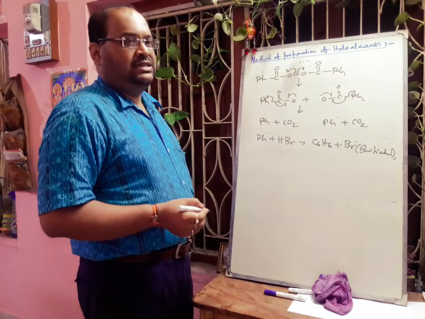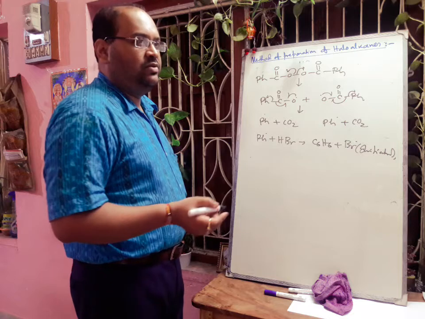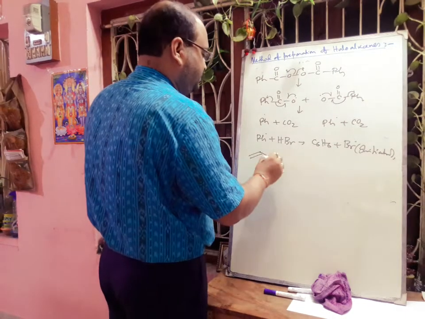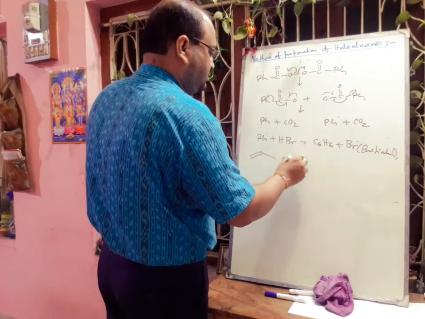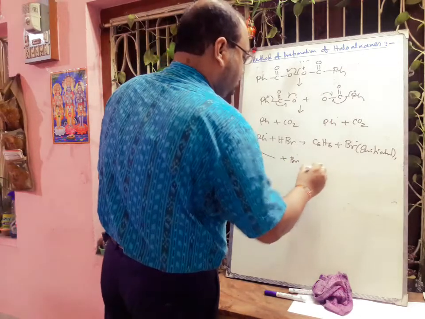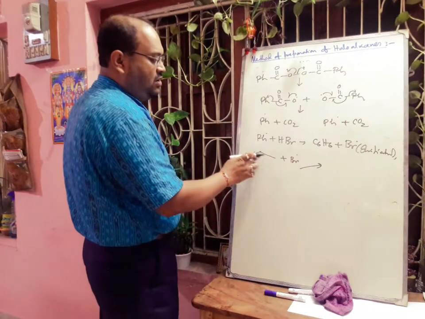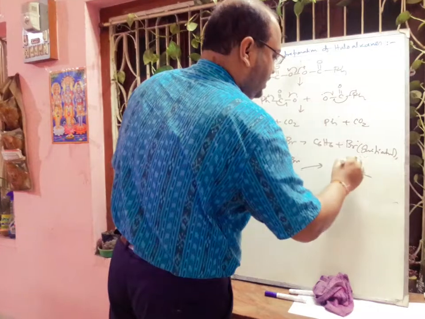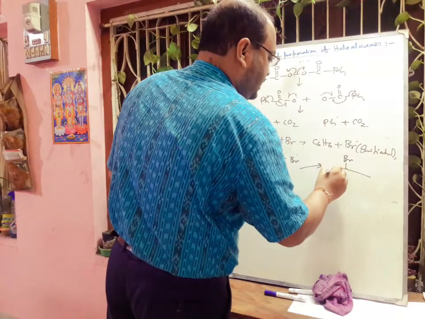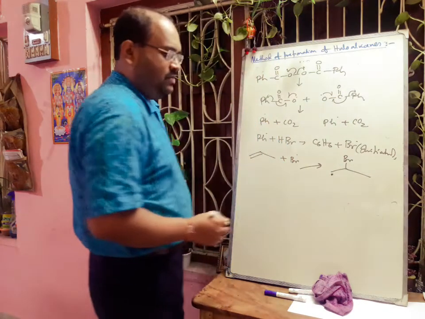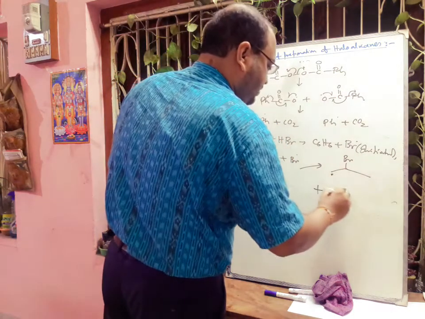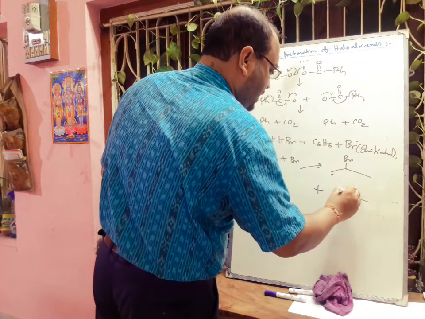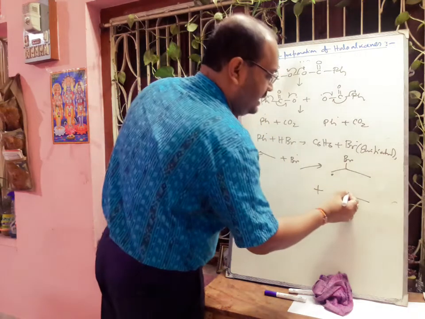Next, we take this Br dot for the propagation step. There are also two chances. Bromine can add here or here. If we add bromine in the middle, then we get the 1 degree, primary radical. And if we add bromine at the end, then we get this type of secondary radical.